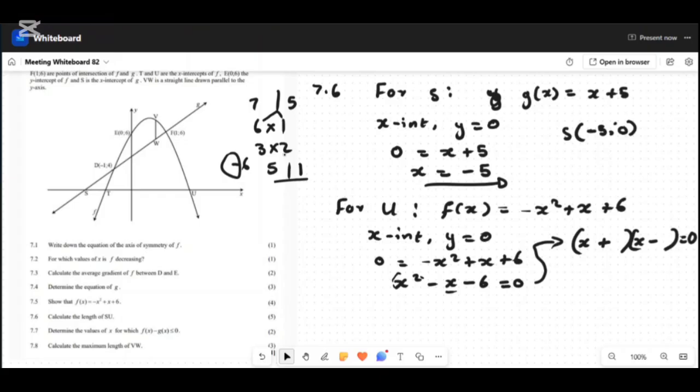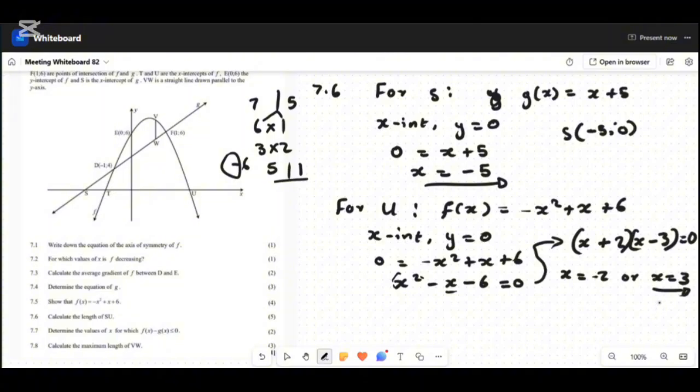Then the law says the bigger number takes the sign in the middle. And the sign in the middle is negative, which means 3 is going to occupy this space. That is 3 and 2, right? And then you actually have x is equal to negative 2 or x is equal to 3, right there.